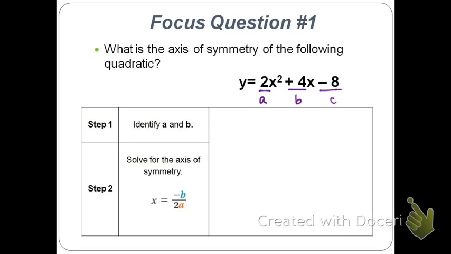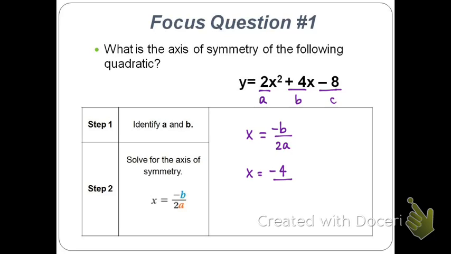Now if we're trying to find the axis of symmetry, we take x equals negative b divided by 2a, which in this case you're always going to reverse the sign of your middle value. So if we have a plus 4 up above, we're actually going to write it in this formula as minus 4 in the numerator.